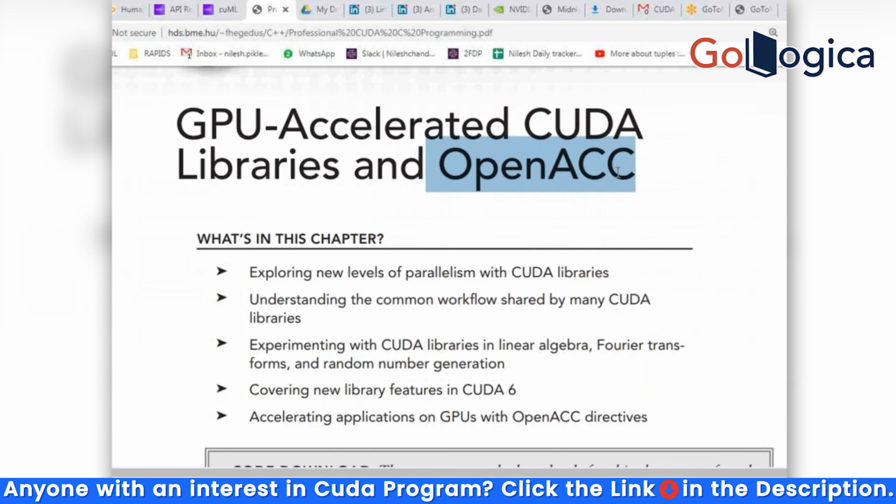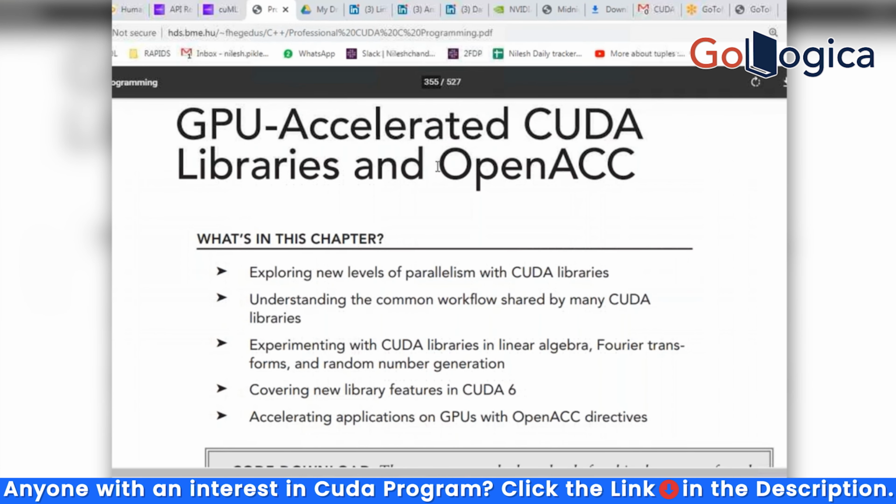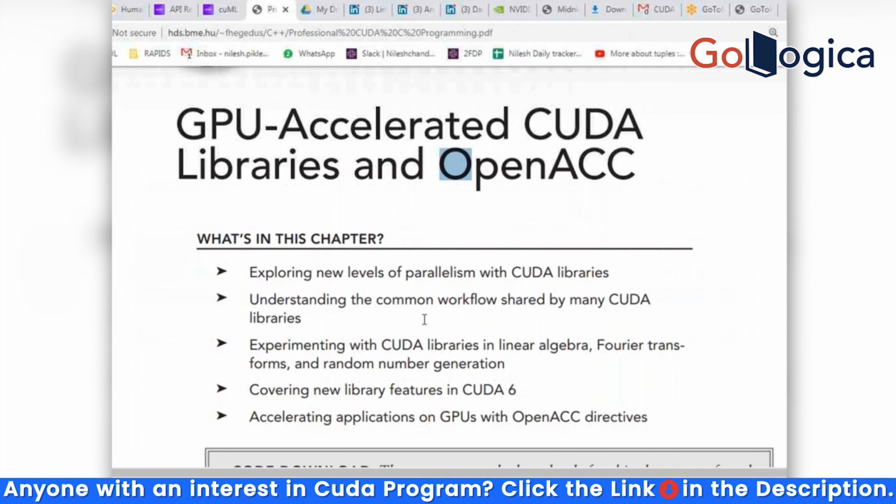The problem with OpenACC, I'm a bit doubtful whether it supports your Python or not. Okay, if you are typically working on a CPU-side C program, then definitely at the end of this CUDA programming, you can dedicate 2 or 3 sessions for OpenACC. You will find out that the amount of energy you are going to invest in writing a CUDA program will be reduced by almost 90%, right?